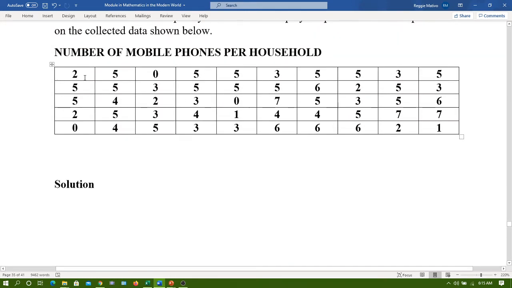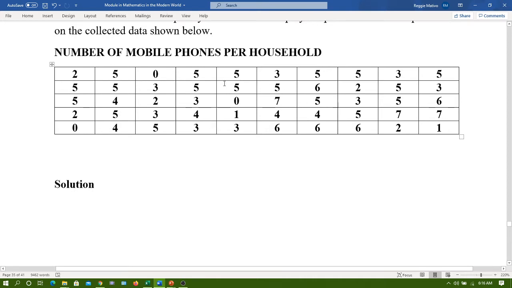Notice, maybe by just looking here, you can say that majority of the households have 5 cell phones. Some of them have three. Only few have 4, 6, and 7, and countable values of those who have 1 cell phone at home.